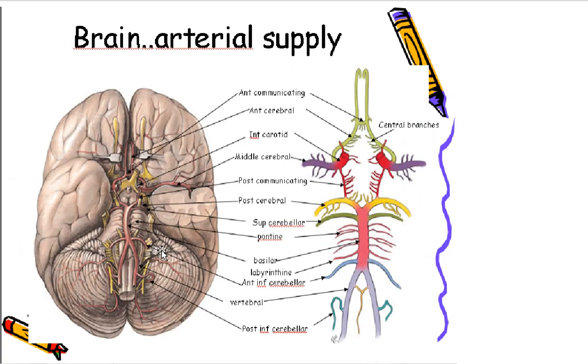Now let's look at the arterial supply of the brain, and some important facts about it. While the brain forms only 2% of the body weight, it gets 17% of the cardiac output, and its oxygen utilization is about 20% of the total body's oxygen utilization.